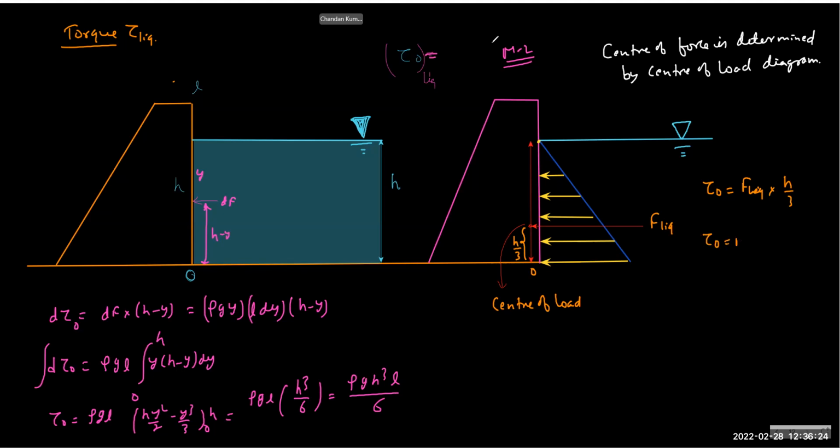F liquid, if you remember, was the pressure at the center, rho g h by 2, into the whole area, which is h into L, and then h by 3. And if you just multiply, you can see the answer is exactly the same. So this is a really advanced method. It prevents doing the integration and all. You just need to remember it is h by 3.